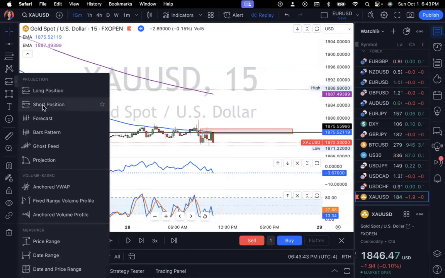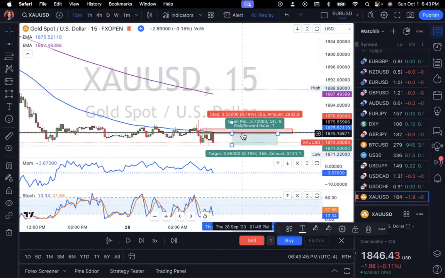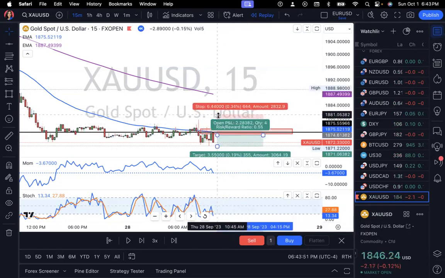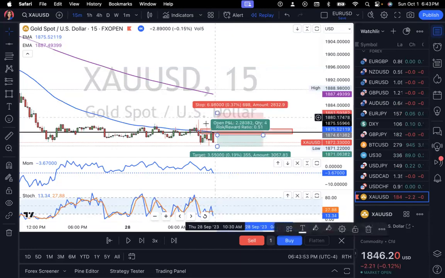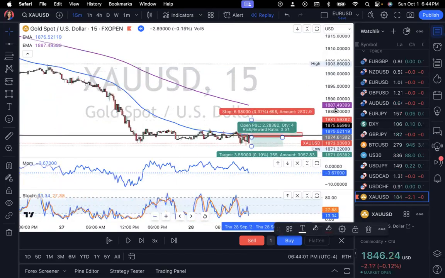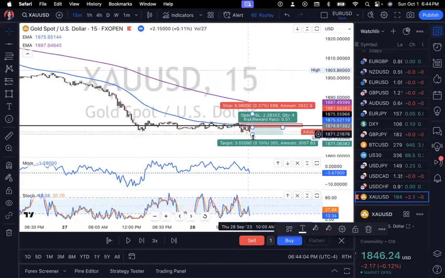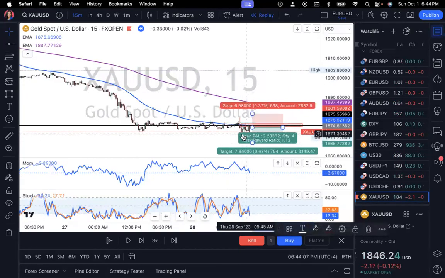You would get your tool over here, short position tool, right? Put it there. Again, you take your red. If you're going for a sell, you place it above the previous high, right? Because if it's selling, the market should not be creating new highs. It should only be creating new lows. And for your TP, you want to drag it down so that it at least goes below the previous low, right?